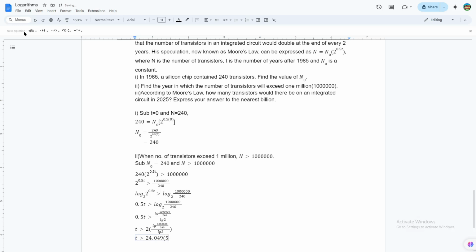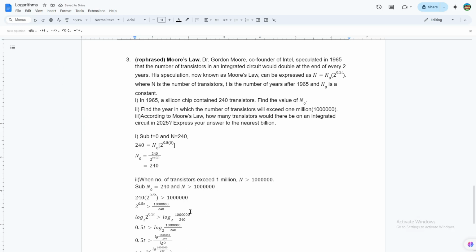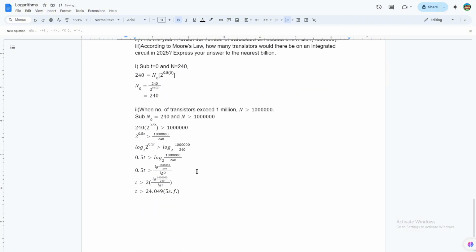To 5 SF. Since it says it will double at the end of every 2 years, t must be a whole number, since t represents years.